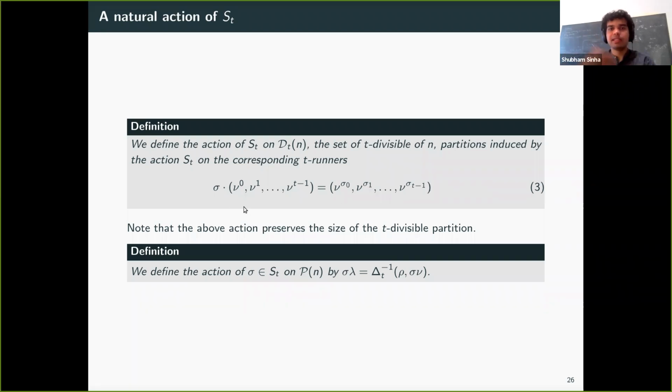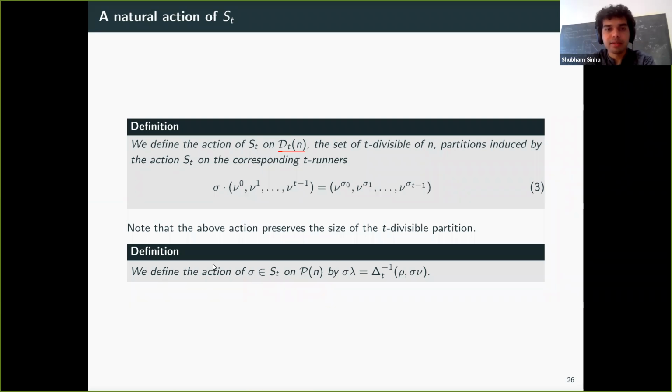Permuting this T-runner gives you another T-runner, and you can show that the size is preserved under this action. So it certainly gives an action on the T-divisible partitions.